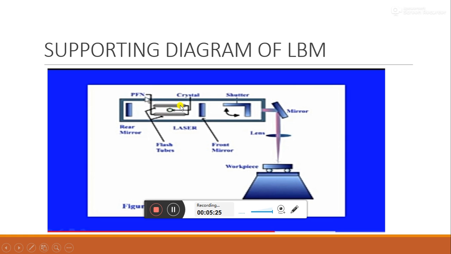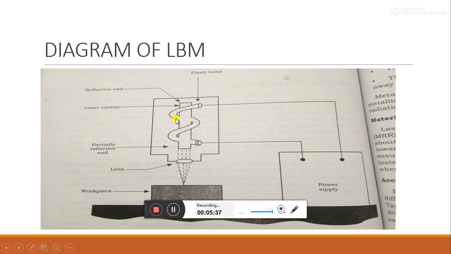These tubes are called flash tubes, and they are connected to a PFN or a power supply. So this is what is shown here. This is the flash tube, connected to the power supply, and this is the lasing material.